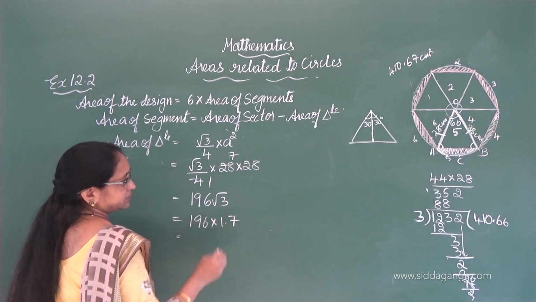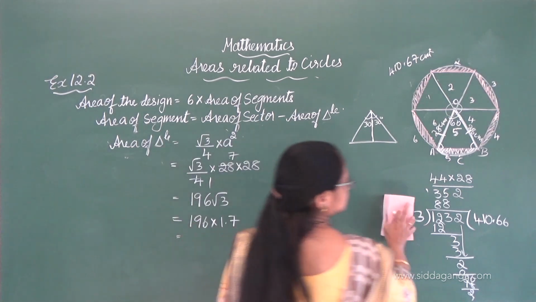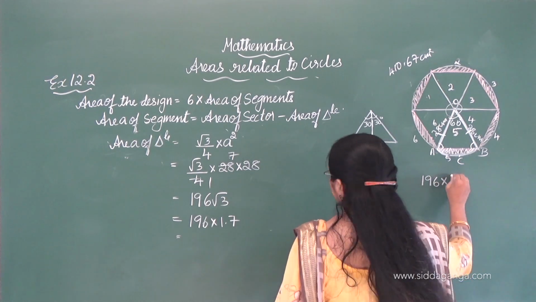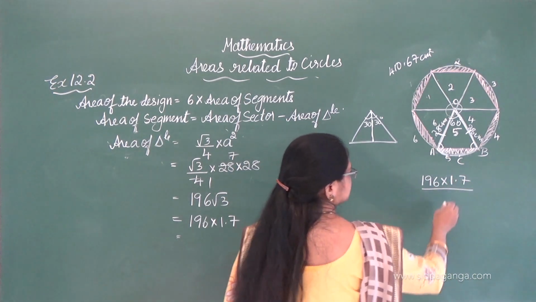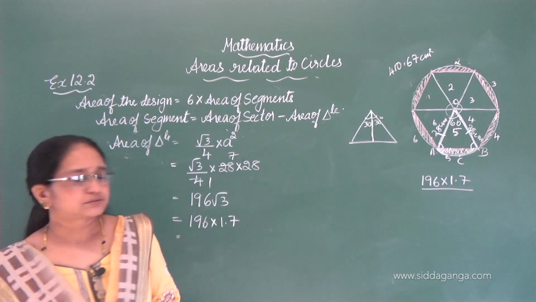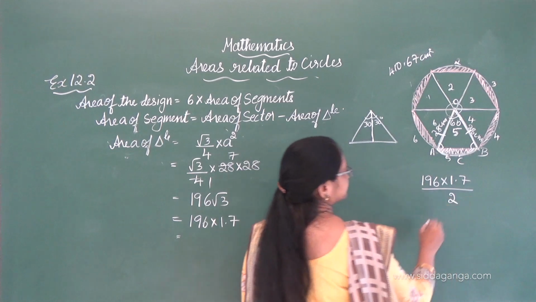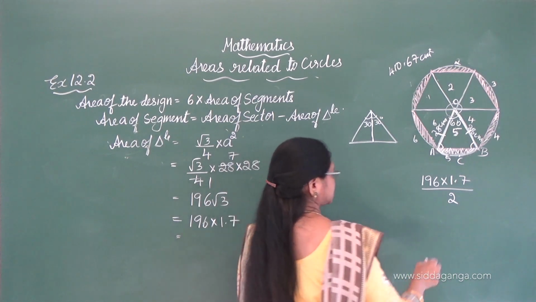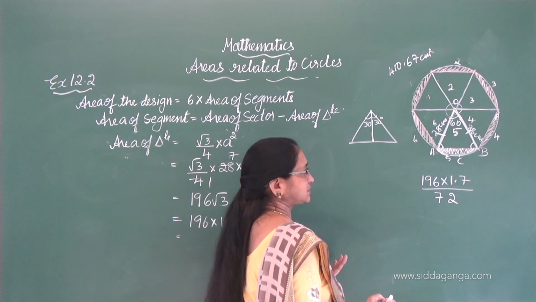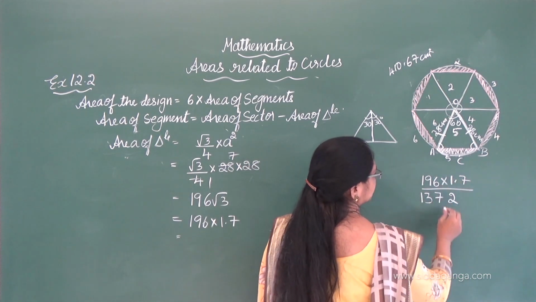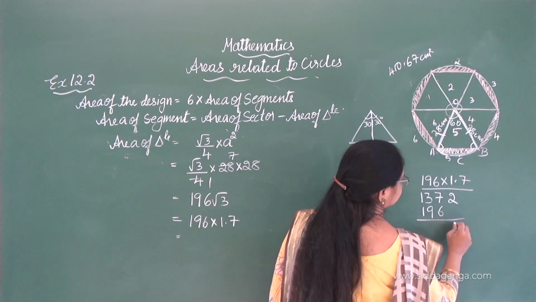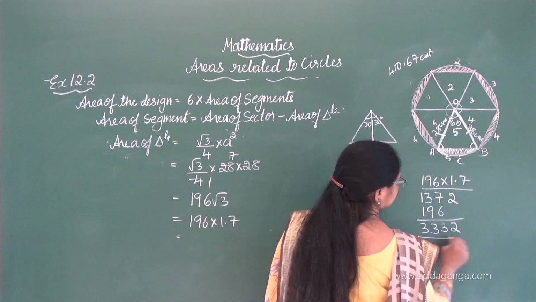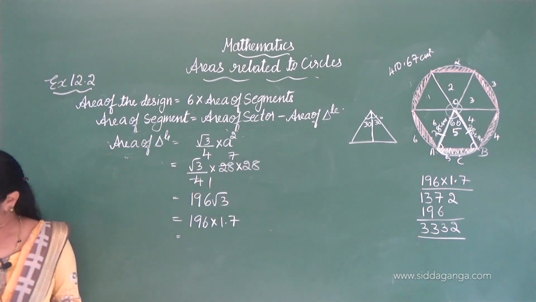So, let us multiply this. 196 into 1.7. 7 9s are 63, 7 7s are 49, 7 6s are 42, and so on.